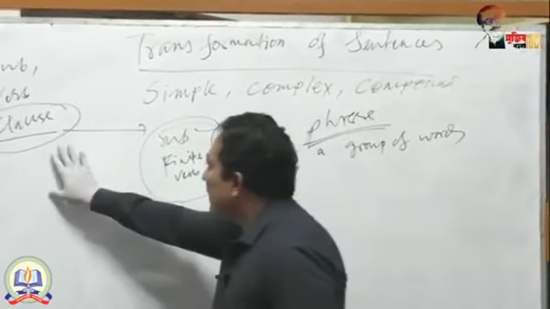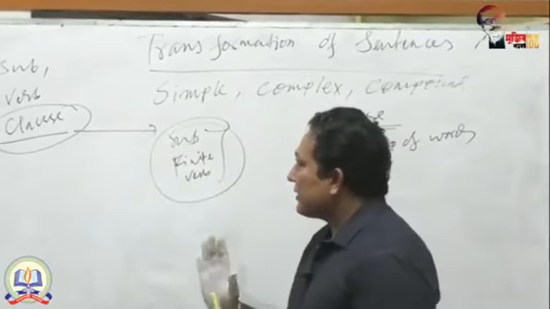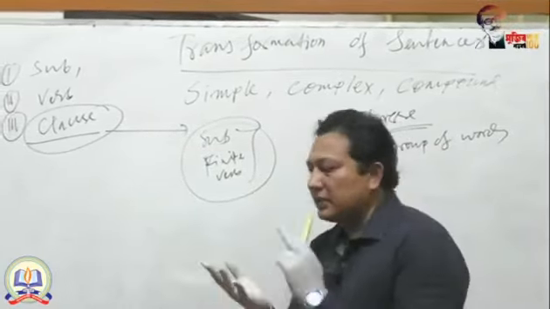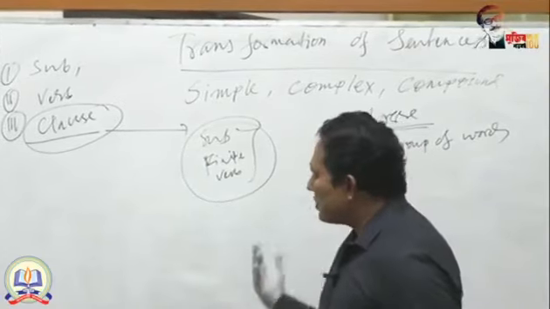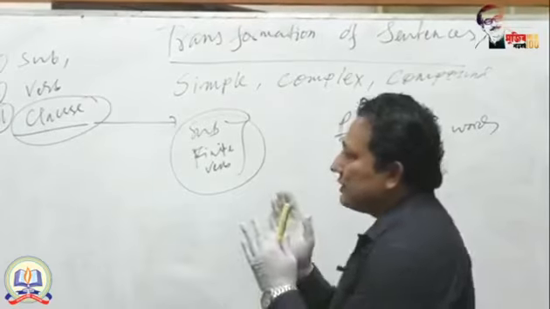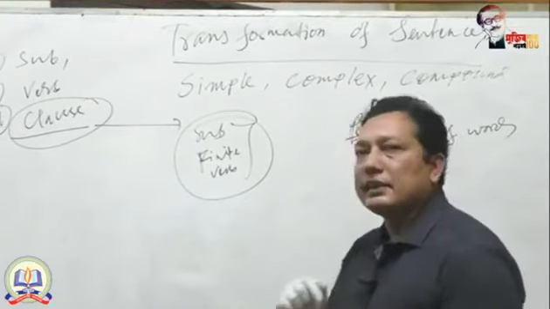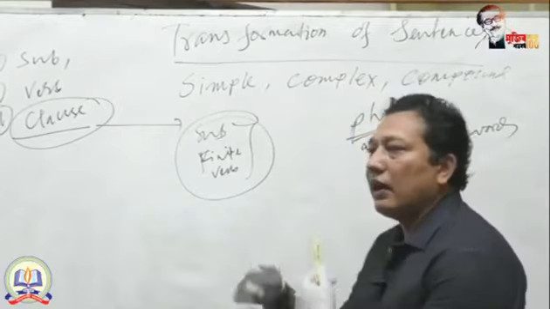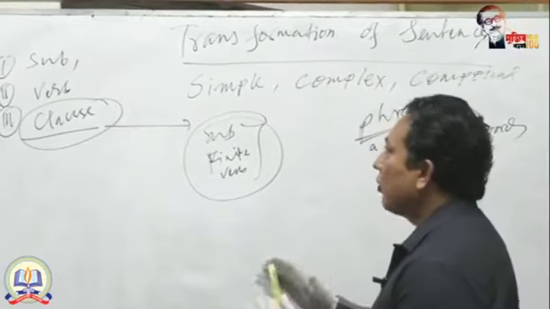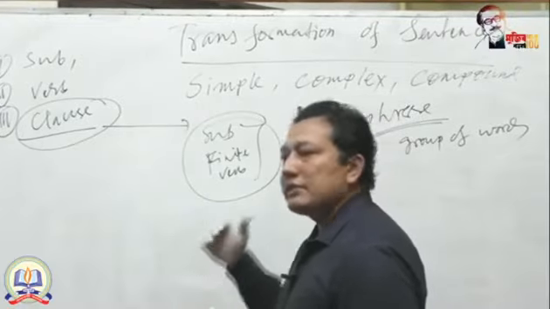But in a clause you will get a subject and a final verb. That means in a simple sentence you get a subject and a final verb, and likewise in a clause. Actually a clause is itself a sentence, but it is connected with a sentence, and in this way clauses make different types of sentences.